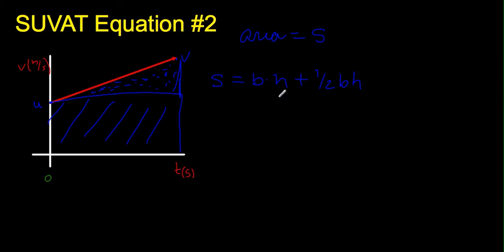Not anything more difficult. So what's the base? It's going to be the time. So I'm going to have time times the height, which in this case is u, the initial velocity, plus 1/2 times the base, which again is time, times the height. This height is not as simple as it was before. It's going to be v minus u.